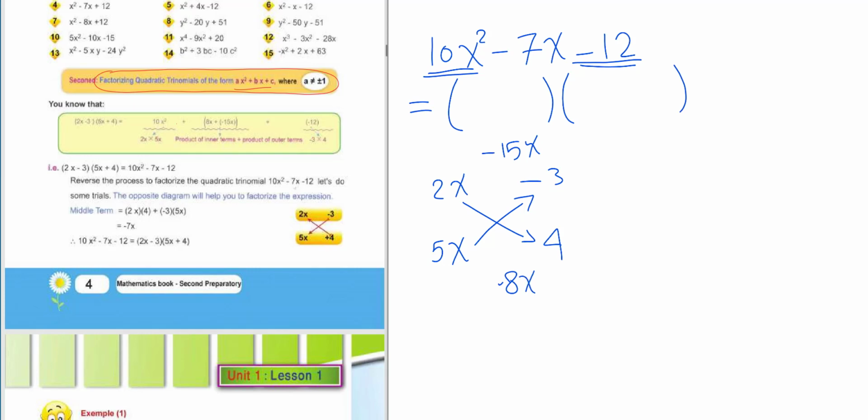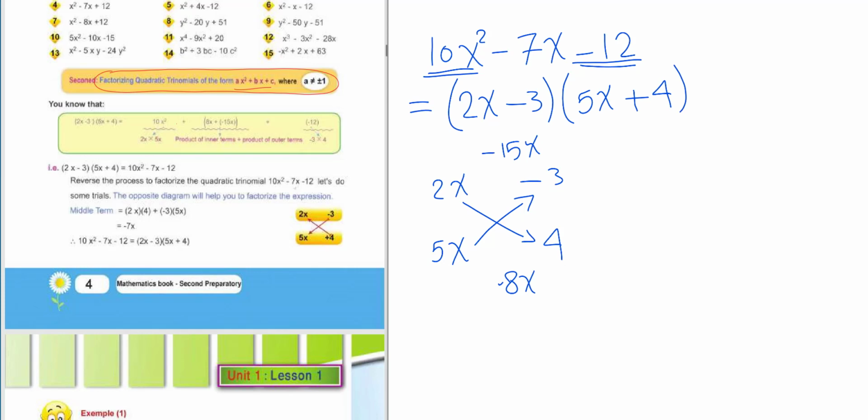Their sum, negative 15x and 8x, equals negative 7x. So the factorization becomes (2x − 3)(5x + 4).